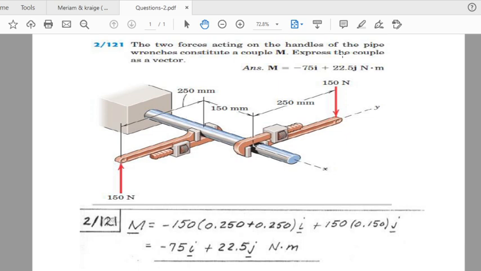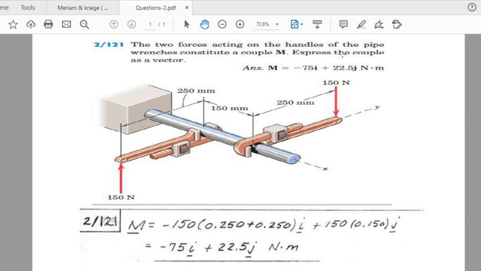So the x coordinate is going to be minus 150. And similarly, from that place, when we move in the y direction, we have to go in the negative y direction. So the coordinates of the point on the upward 150 Newton force are going to be minus 150 and minus 250. Of course, the z coordinate is 0 because this point is in the xy plane. So minus 150, minus 250 and 0.